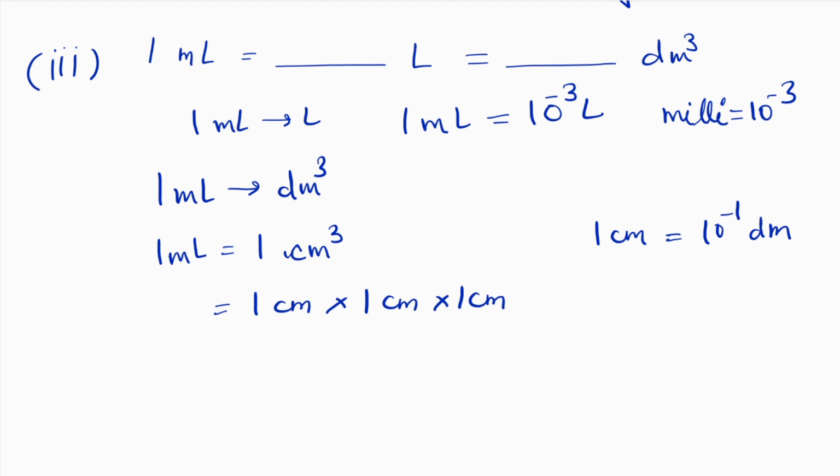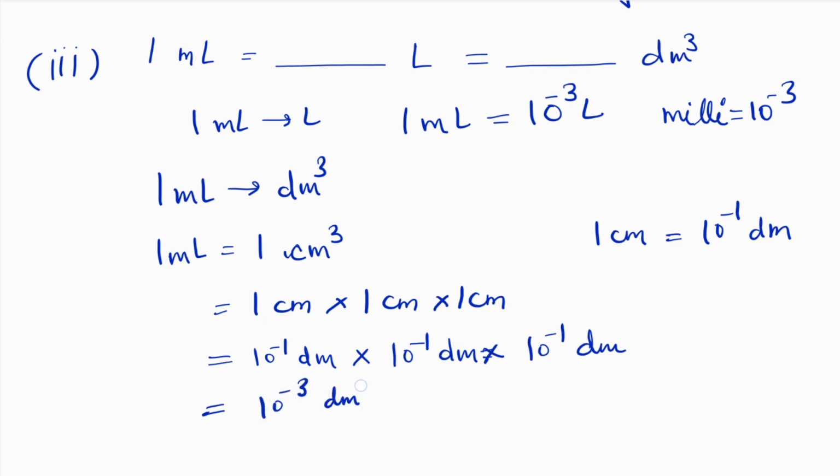So we put this value over here: 10 raised to power negative 1 decimeter multiplied by 10 raised to power negative 1 decimeter multiplied by 10 raised to power negative 1 decimeter. So it becomes 10 raised to power negative 3 decimeter cube. So 1 milliliter is equal to 10 raised to power negative 3 decimeter cube.